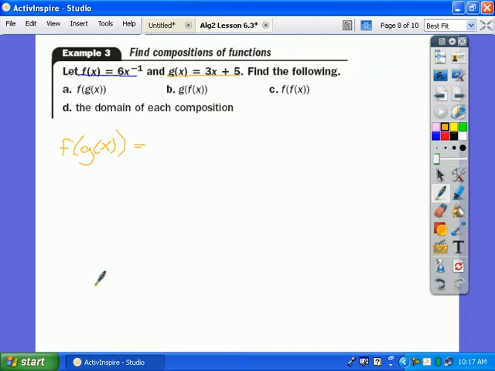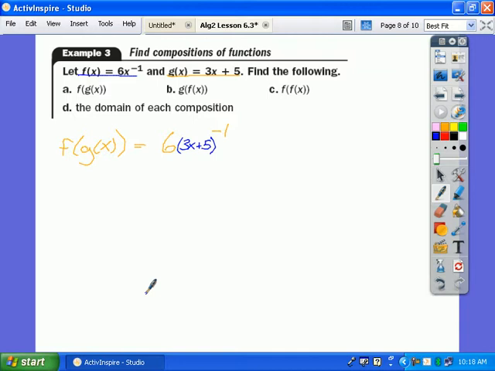So what we do is we take function f and we write it out: 6x to the negative first. Where there's an x in function f, we replace it. So everywhere there's an x in function f, we're going to replace it with function g. And that is the idea of a composition.